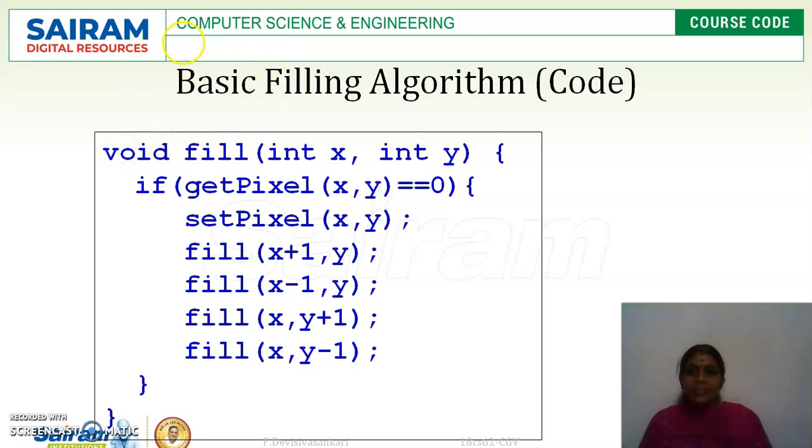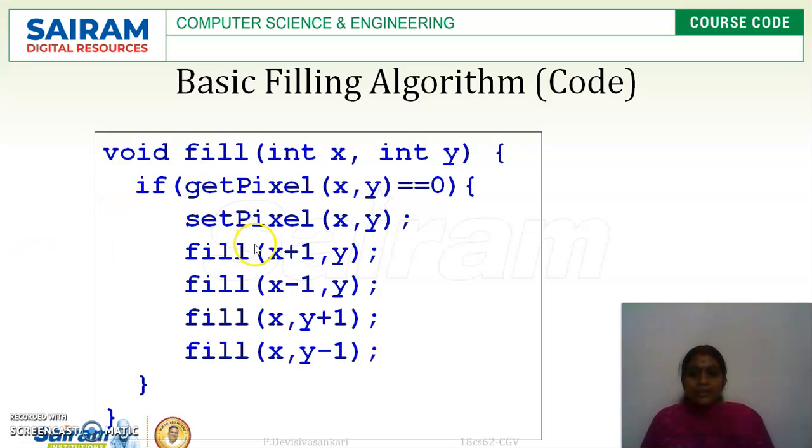The function used for the basic filling algorithm is void fill with x and y coordinates. If get pixel of x, y equals 0, then we set that pixel at x and y. Get pixel is used to specify the interior point, then we set that as the interior point.